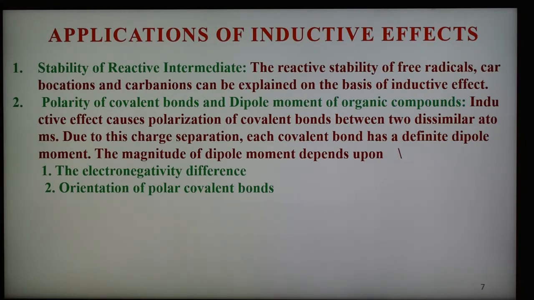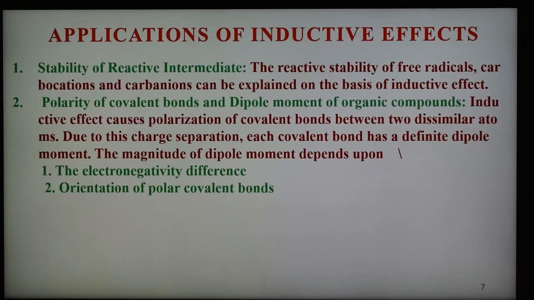So here we can take the example that CH3CH3, that is ethane, has 0 dipole moment and the electronegativity difference is also 0. In case of methylamine, the dipole moment is 1.32 D and the electronegativity difference is in the range of 3 to 2.5.